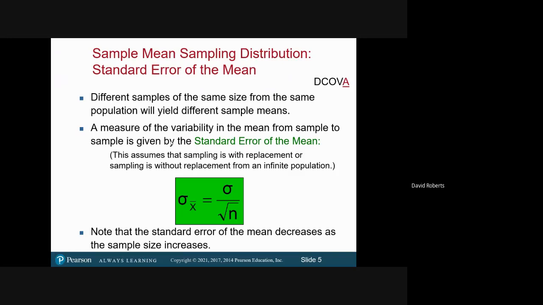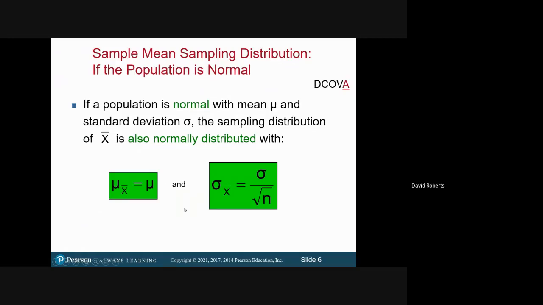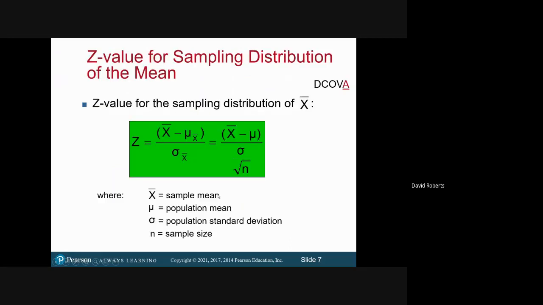So it's like standard deviation for the population, except it is standard error for the sample. We assume that the population is normal, or normally distributed. Previously, we would have used z-scores. So you can see the formula here. And we will not use z-scores a lot. We will use the t-scores.